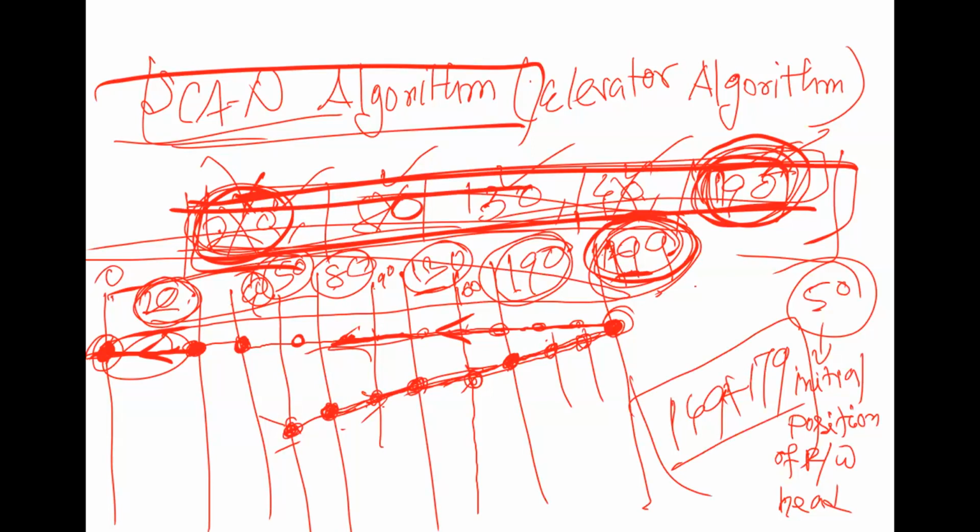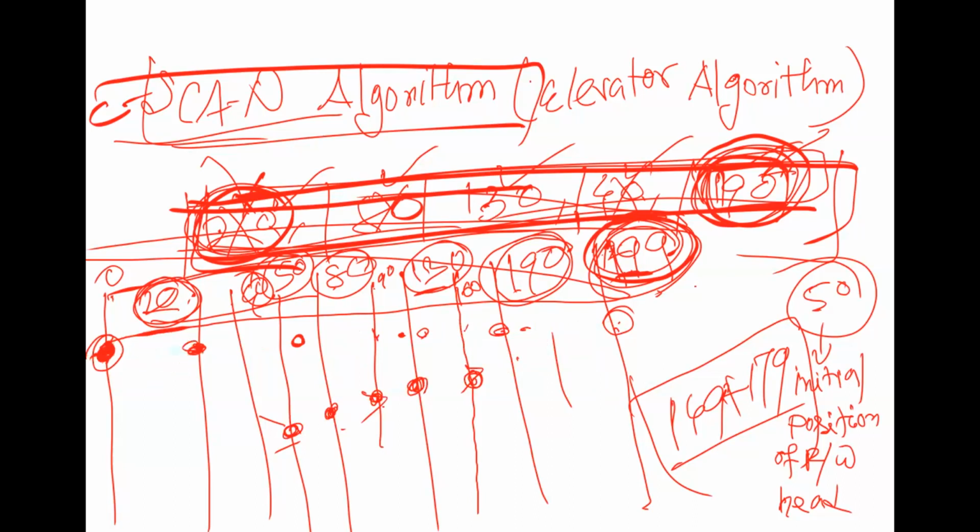The next one is the C-SCAN algorithm. The only difference is in C-SCAN. C-SCAN, also known as the circular scan algorithm, works like this. Let's start from this 50, and then it will go back.